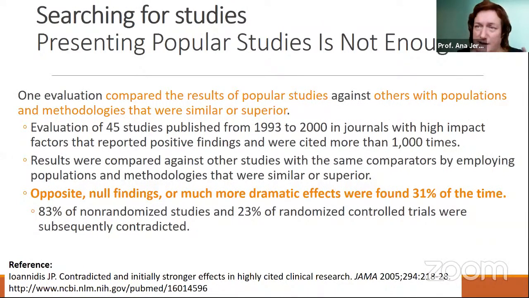And results have shown that when we compare these results, opposite, null findings, or much more dramatic differences between the studies were found in 31% of the time. 83% of non-randomized popular studies and 23% of randomized controlled popular studies were subsequently contradicted. So obviously, just by focusing on popular studies, we will not get a realistic estimate of effect.